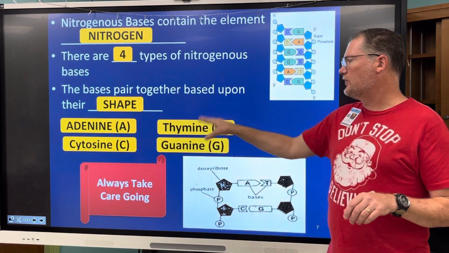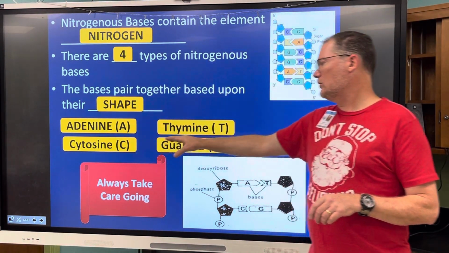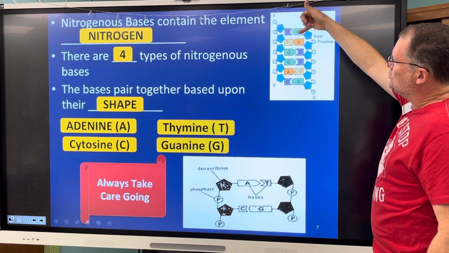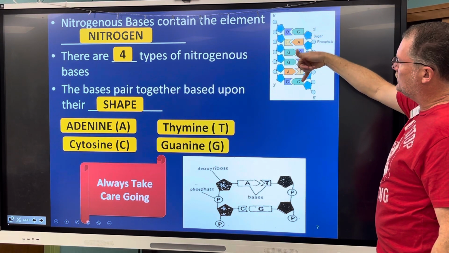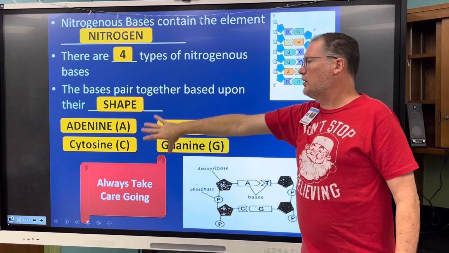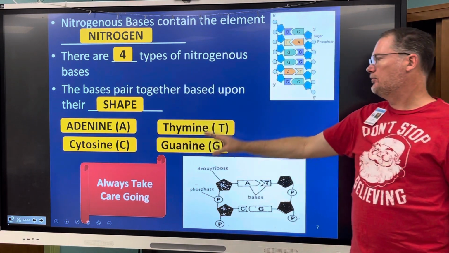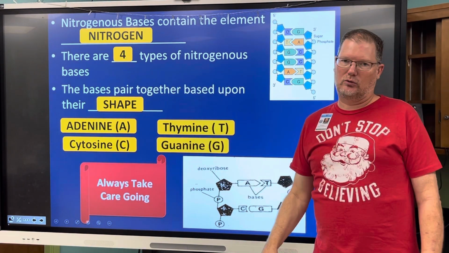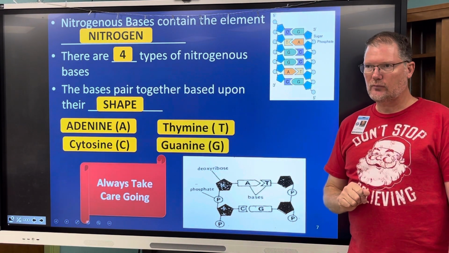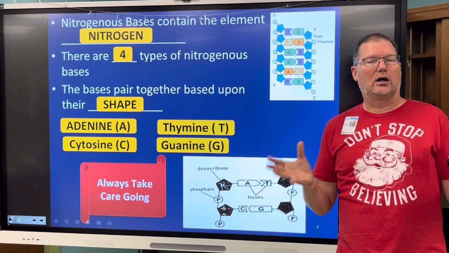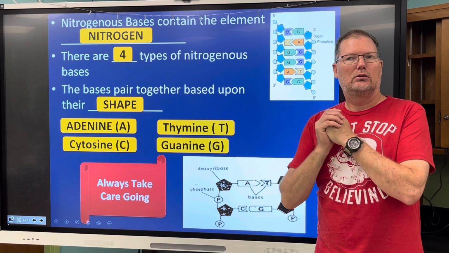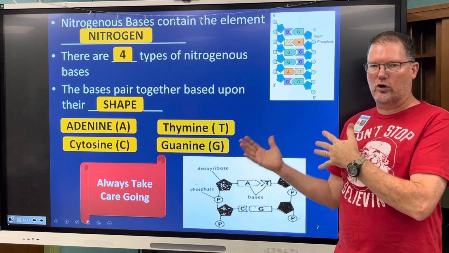Adenine goes to thymine. Cytosine goes with guanine. Those are the pairs. So C and G, G and C, G and C, C and G, and then T and A and T. So they always pair. Adenine will never pair with cytosine. Thymine will never pair with guanine. Okay? And the way you can remember it, always take care going. You can come up with your own words that would help you remember the order, okay?